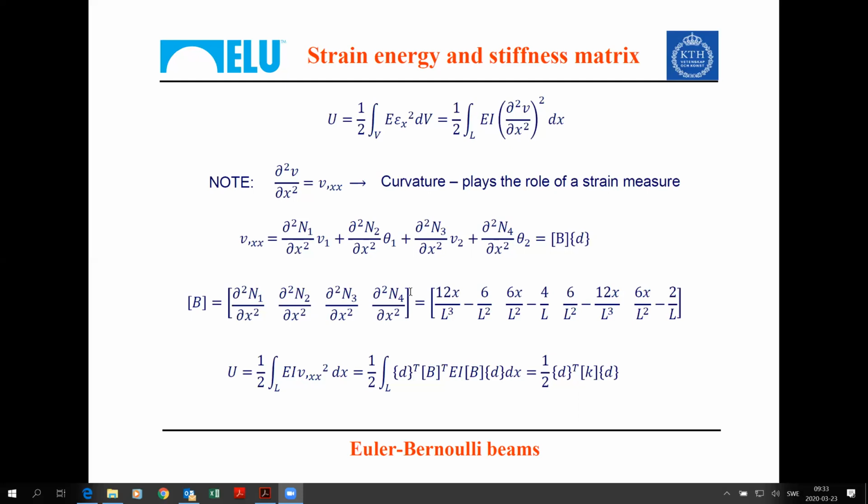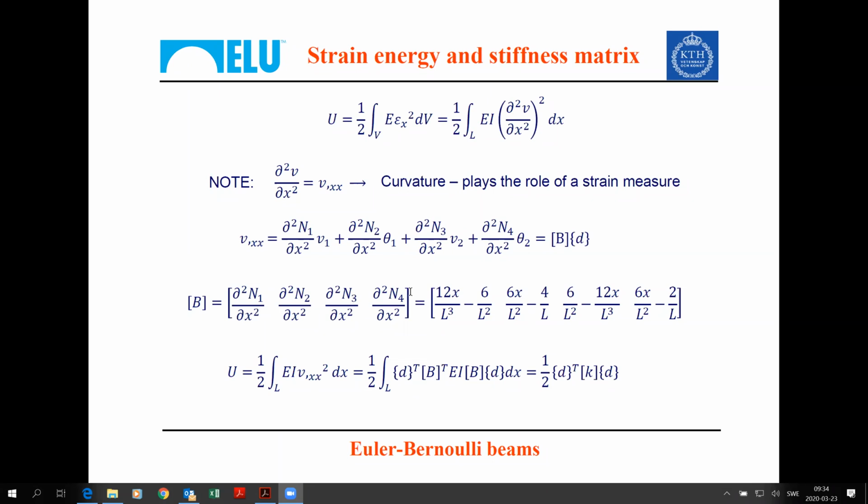d2v dx2 squared is what is called the curvature. And as the expression on the slide suggests, it plays the role of a strain measure. So instead of working with epsilon, we will continue to work with a curvature and say the curvature is now our strain measure. How do we compute this?